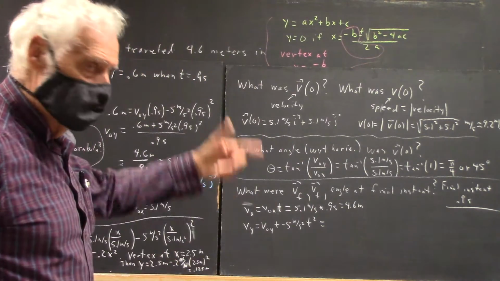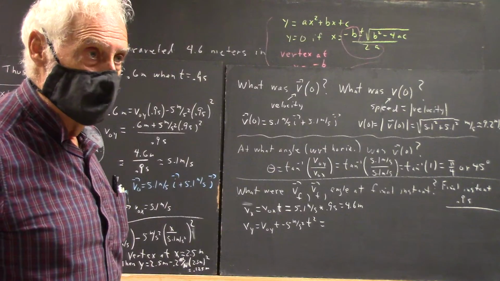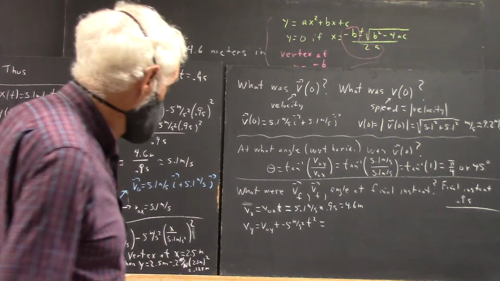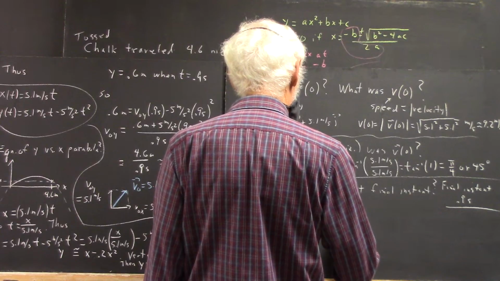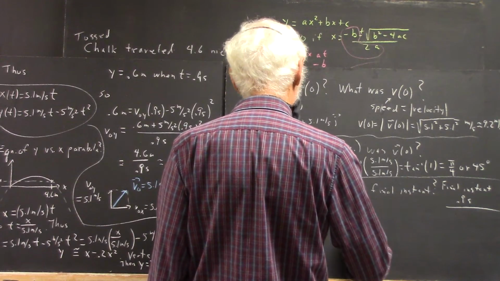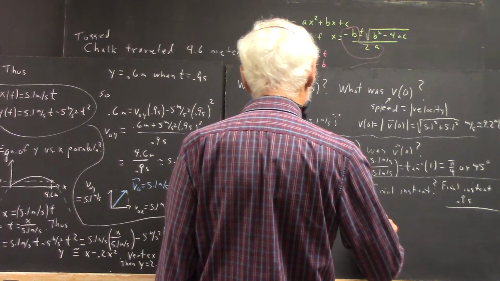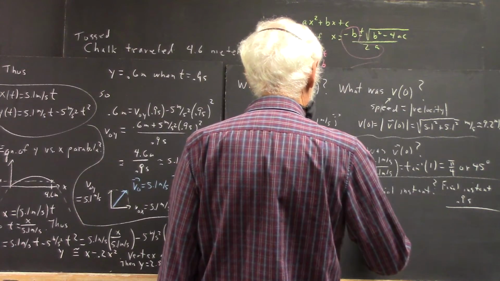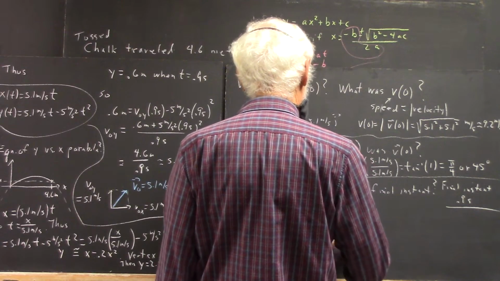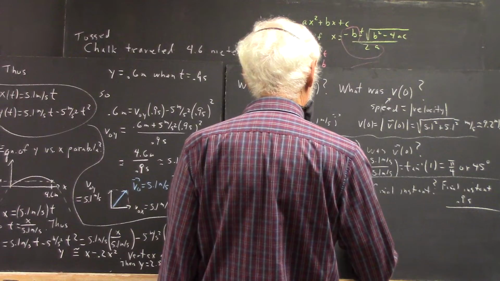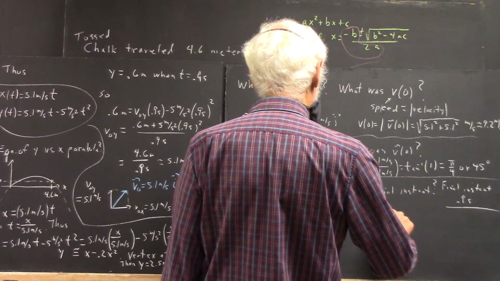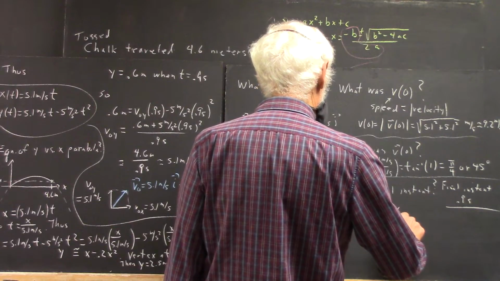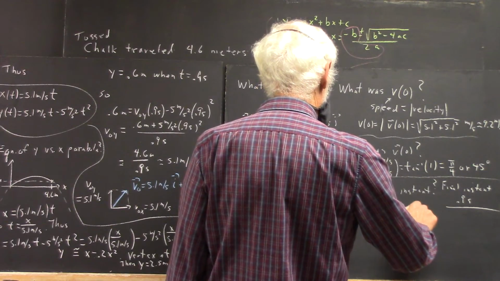so here's your equation for the y velocity. And that's going to be figure stuff out, 5.1 meter per second times 0.9 seconds minus 5 meters per second squared times 0.9 seconds quantity squared.